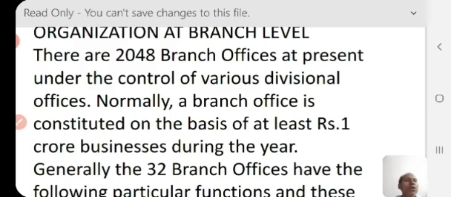The branch office must conduct insurance business not less than 1 crore rupees in a financial year.